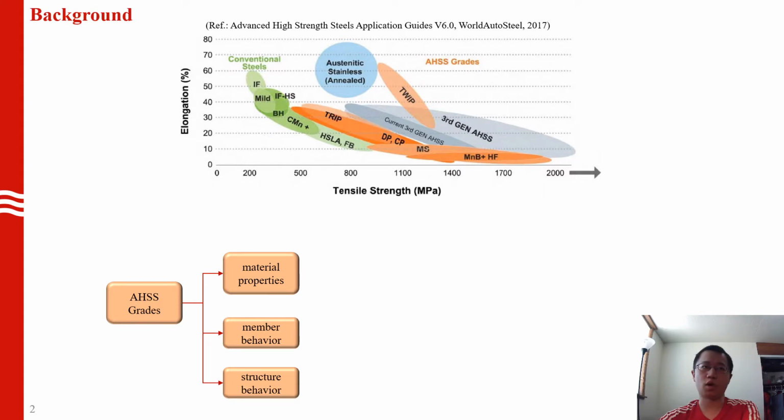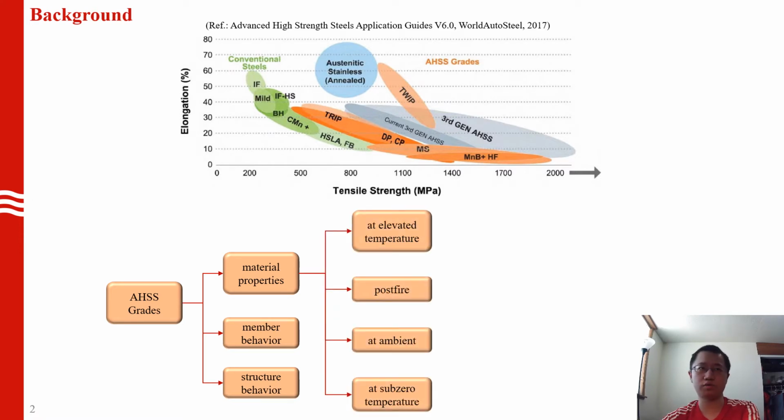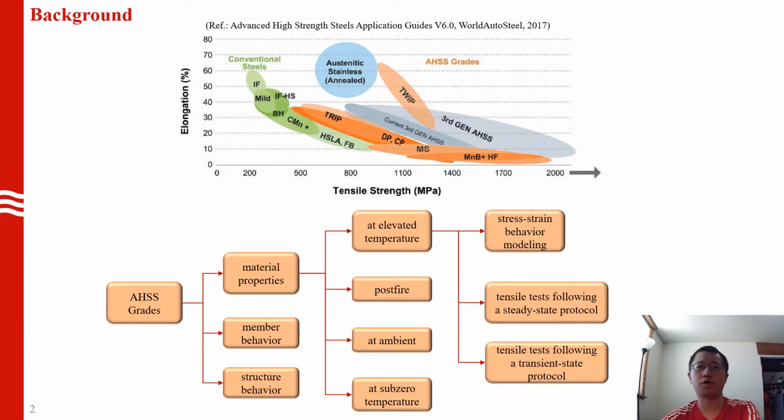Material properties are the prerequisite for us to understand its behavior, and this includes different scenarios, including the elevated temperature scenario. So we conducted a series of tensile coupon tests following different test methods to investigate the material properties at elevated temperature.